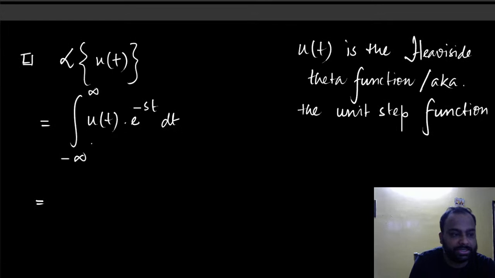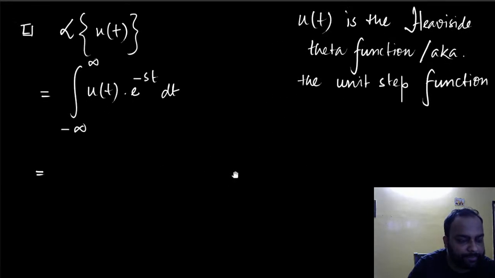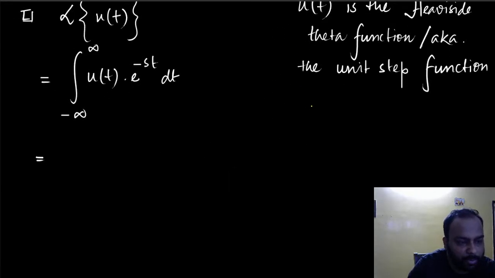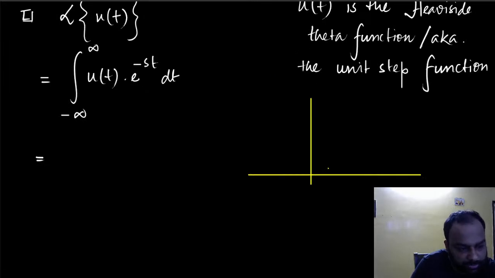So now again, what is the unit step function? What does u(t) look like? You people know that already. u(t) looks like this.